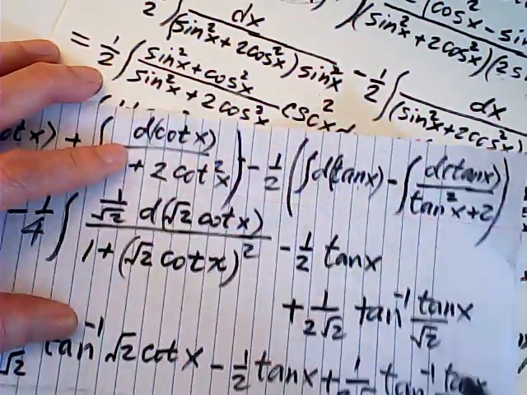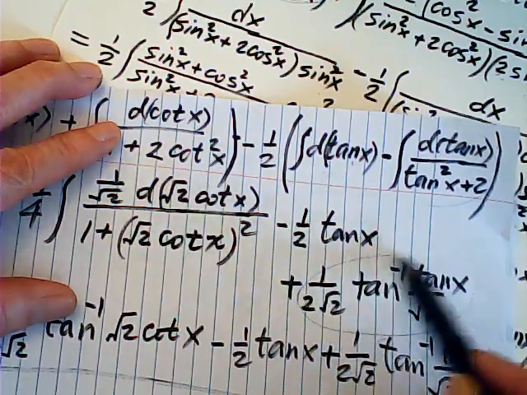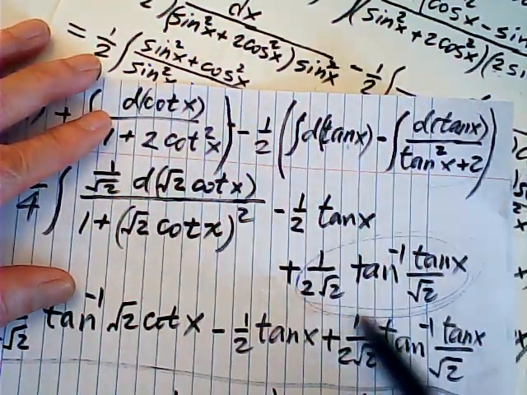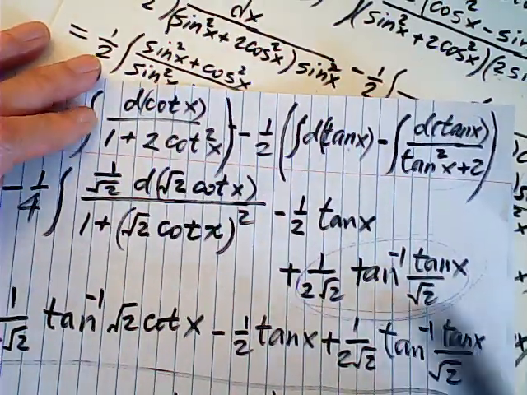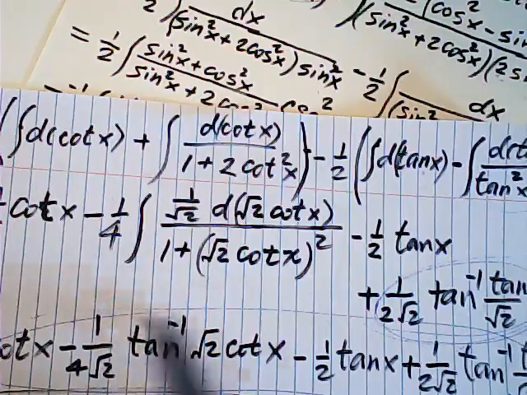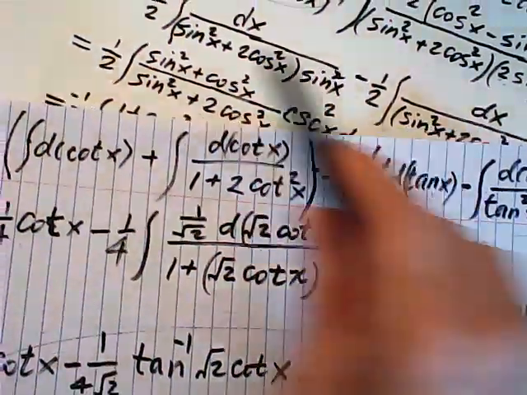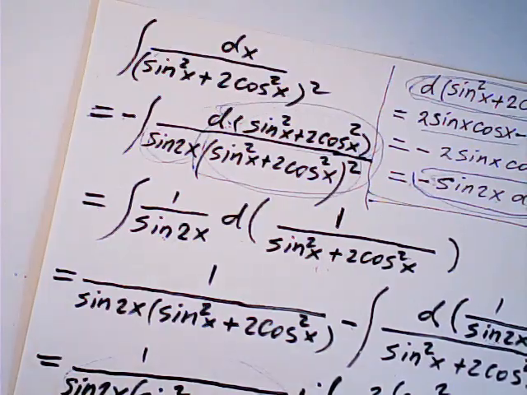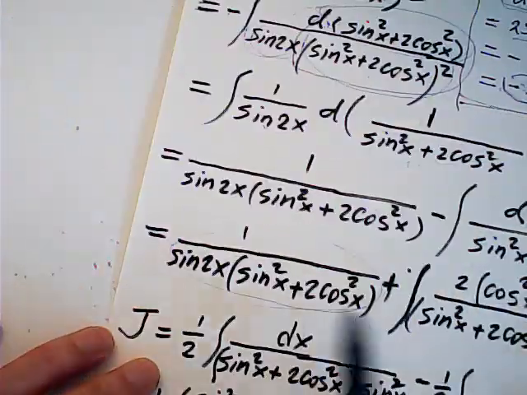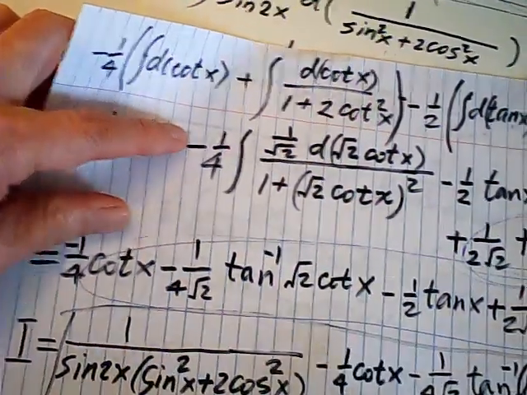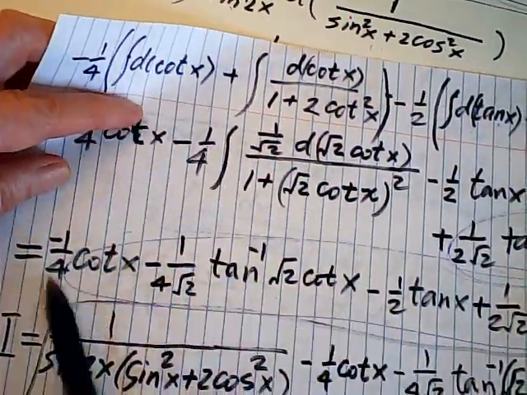This one is using a formula or using the integral of arctangent. You get this one. So this becomes my J. Now my integral is this plus J. So end up with this one plus J. J is the whole stuff.